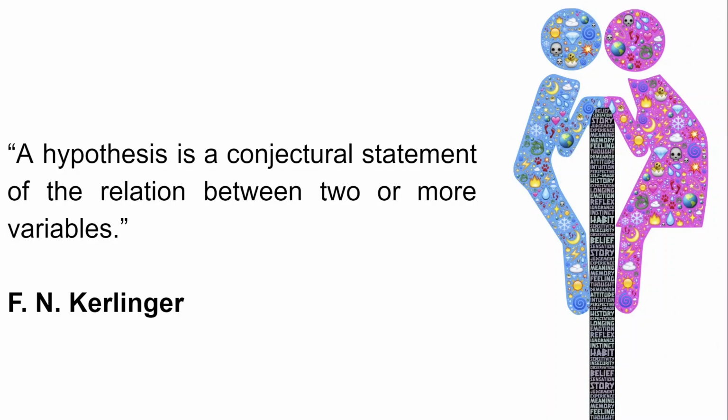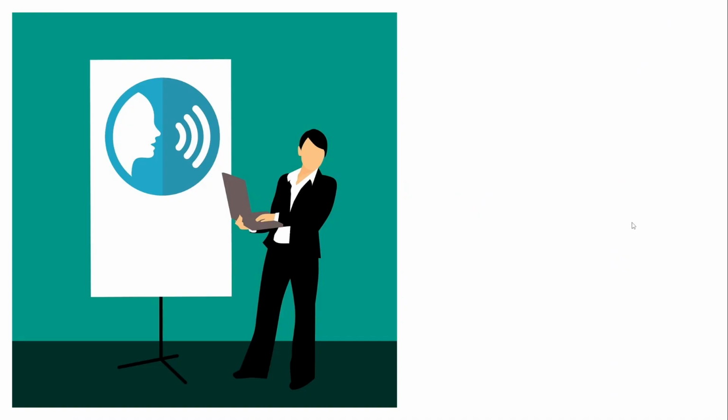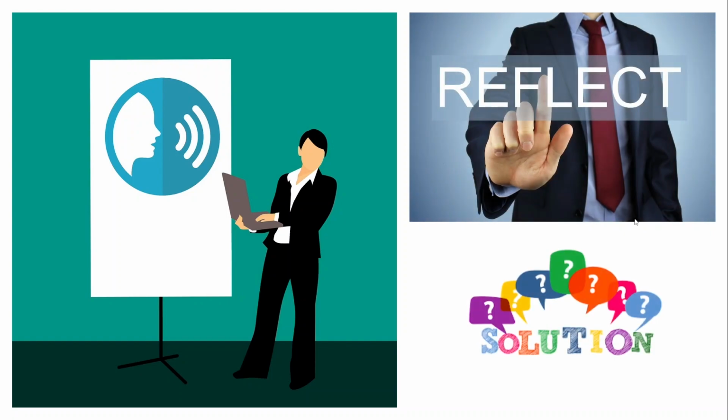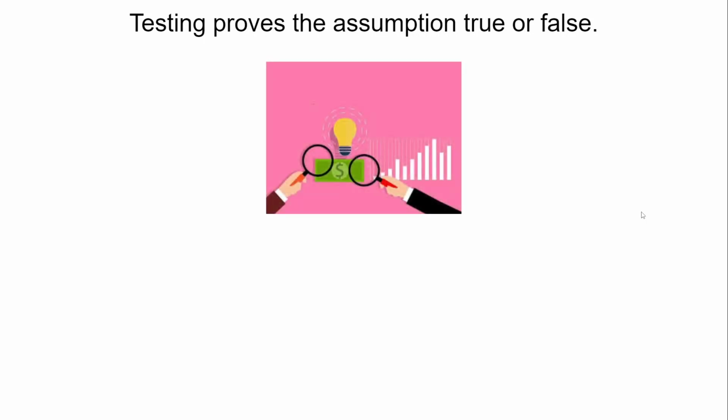Based on the definitions, we can say that a hypothesis is an assumption that is still not proven but reflects a possible solution to a problem or predicts a relationship between two or more variables. Testing proves the assumption true or false. We will not be able to solve the problem unless the assumption is tested.